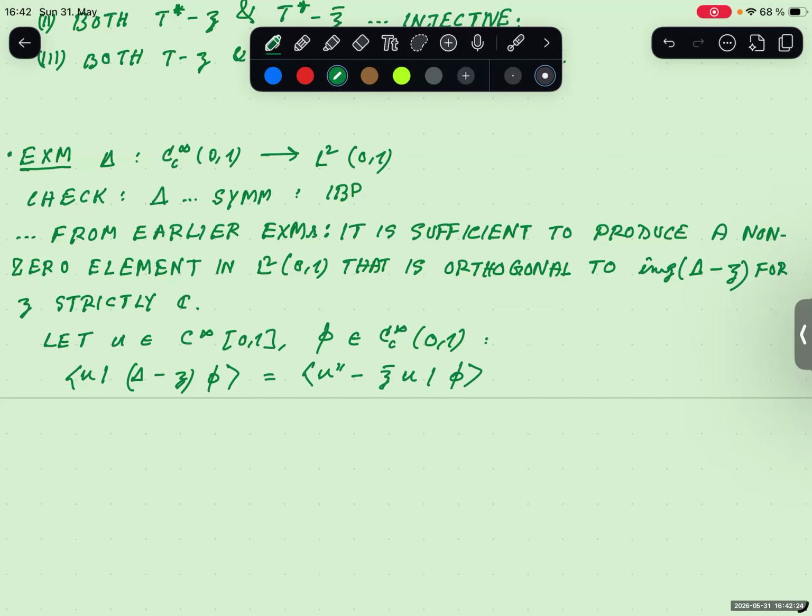Now, what's the equation form? Sorry, there is a minus here, yes, because the Laplacian has a minus. Okay, that means we can write minus u double derivative minus z u, phi.